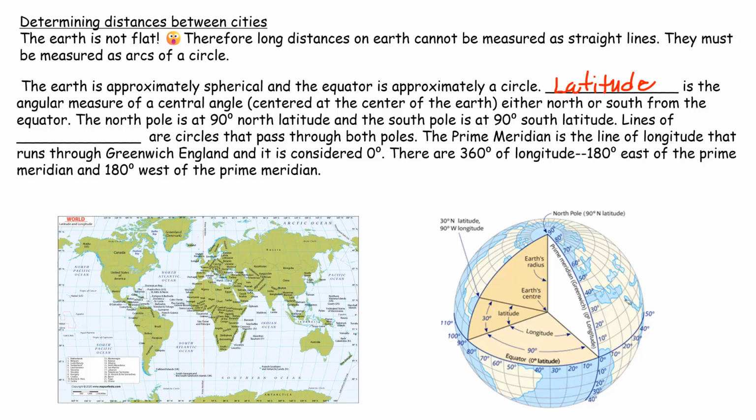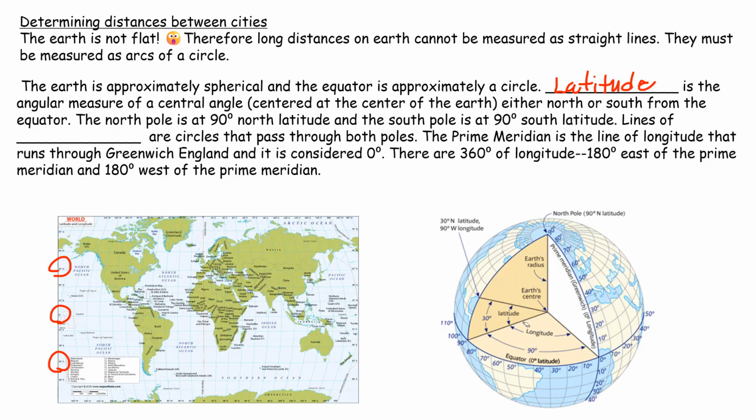Okay, so if you take a look at this, first of all, you can see on this map you have all these lines going across. The horizontal lines are the lines of latitude. You can see there are measures in degrees telling you how far north or south you are from the equator, which is 0 degrees. That angle is measured from the center of the Earth.